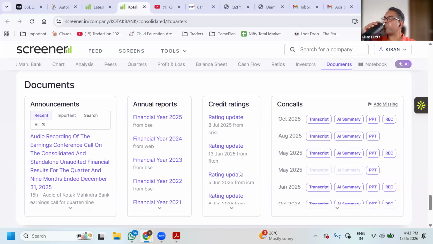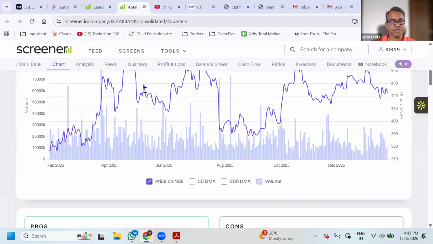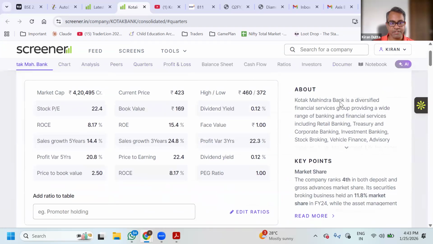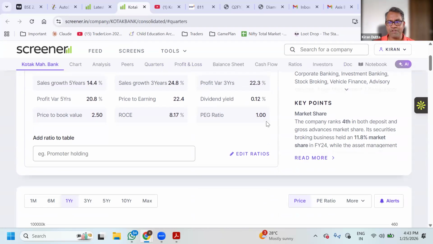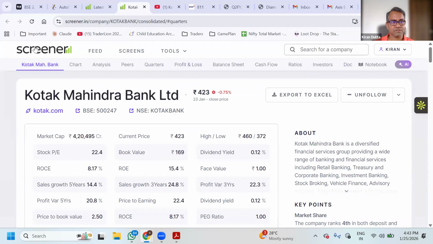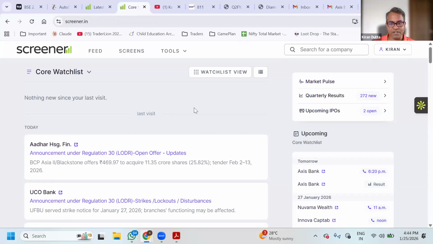Kiran, I'm just looking at the screener. I'm not able to see the earning calls, the first page you have shown. I don't know if it is a paid version. I'm using the paid version. I think it should be available. I don't think it is available in free. I think it's a paid version, like 4K or 5K, just check it out.